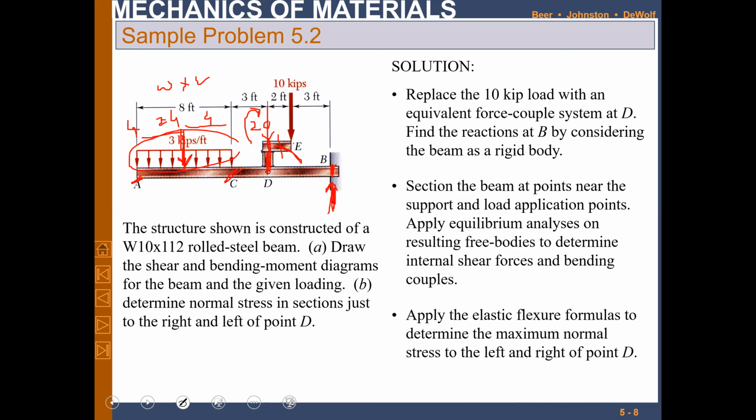Then there will be some counterclockwise moment, because the net effect of this load will be that it will go down, right? So this all is a cantilever, and we know that a cantilever goes into negative moment. So this particular point will be having clockwise moment, right?